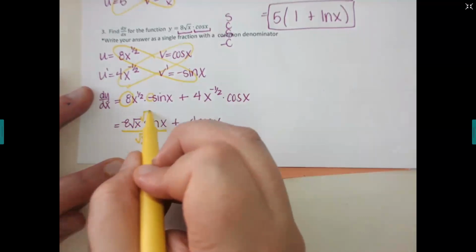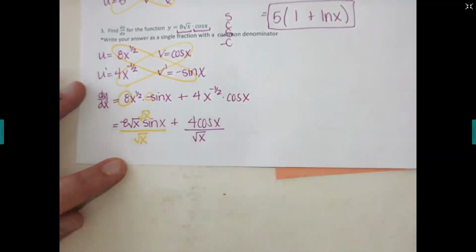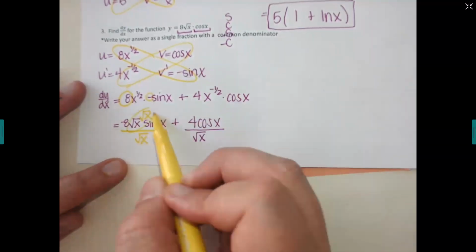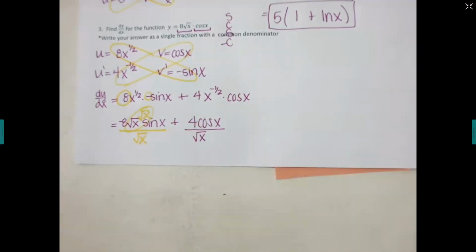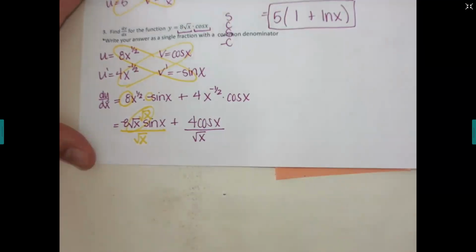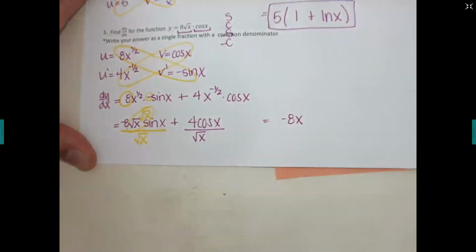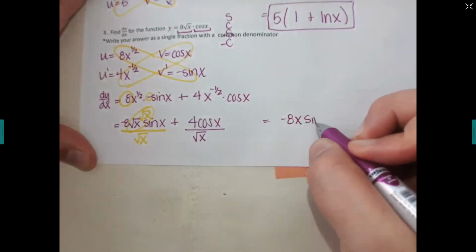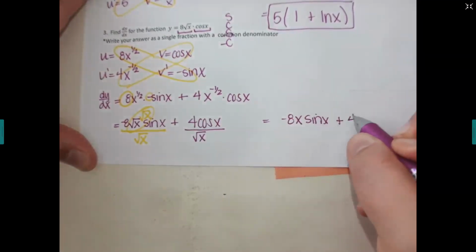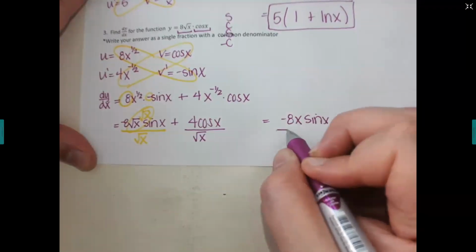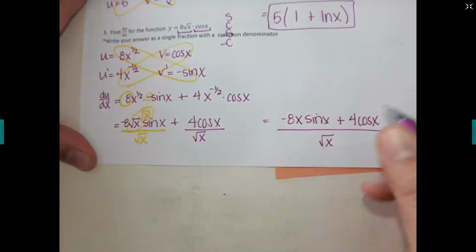And I'm going to put it right next to the other square root x, because what happens when you multiply a square root x with another square root x? It'll just be a regular x. That's exactly right. So we're going to have this -8 regular x sine x plus 4 cosine x all over root x.